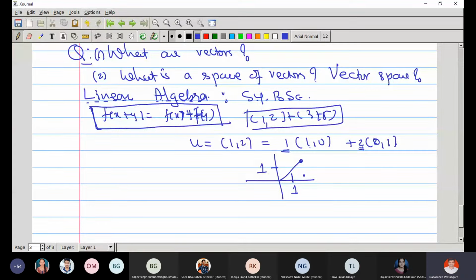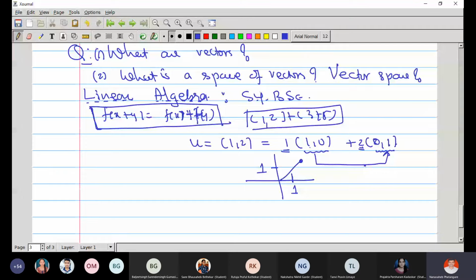Right, and therefore whatever vector you take in a plane, that can be expressed as a combination of these two basic vectors, and therefore these two vectors, 1 comma 0 and 0 comma 1, are very special vectors. Whatever vector you select in a plane, you can express as a combination of these two vectors.